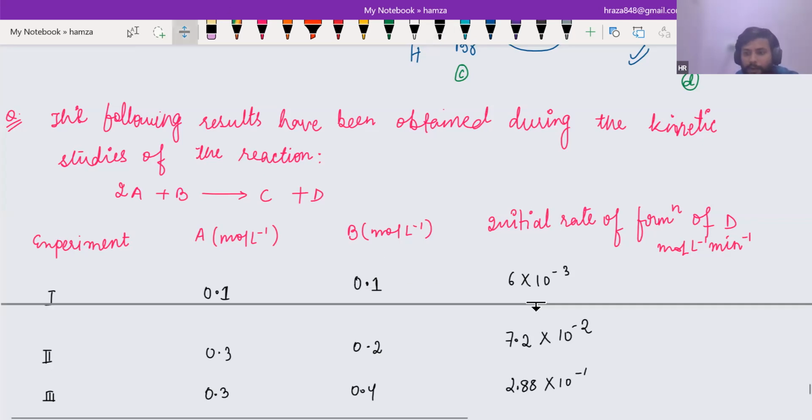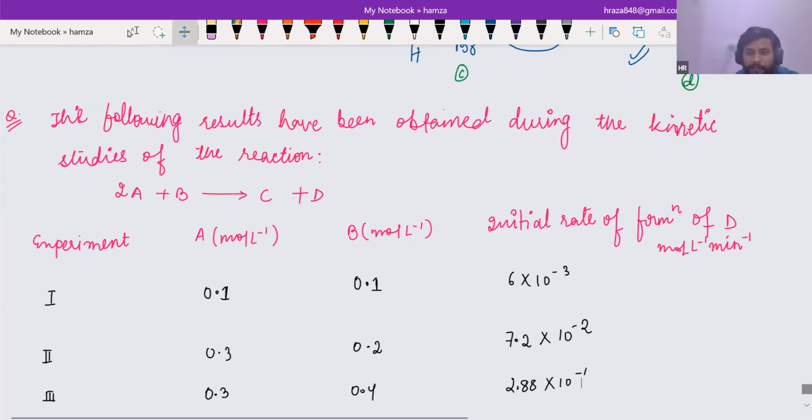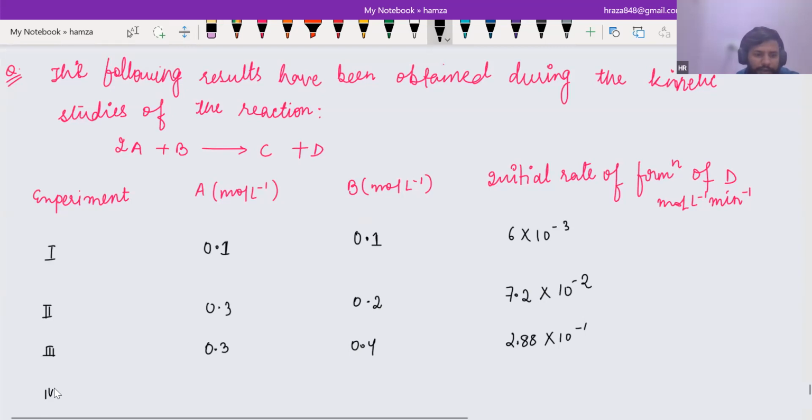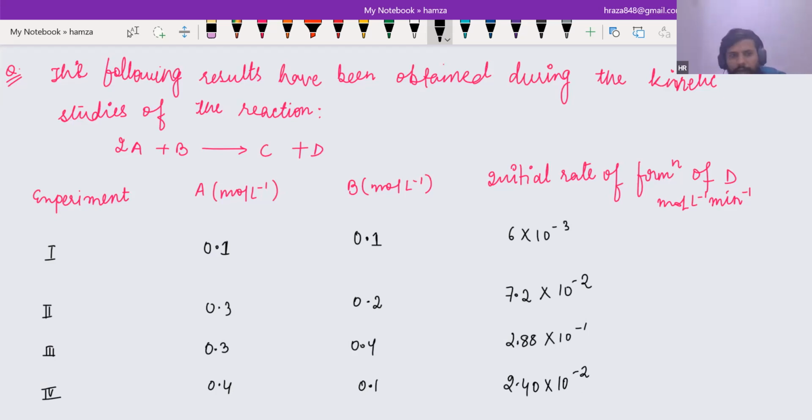Now the fourth experiment comes, and here you can see that this has 0.4, this has 0.1, and the rate is 2.40 into 10 raised to the power minus 2. Please do write it and then let me know.